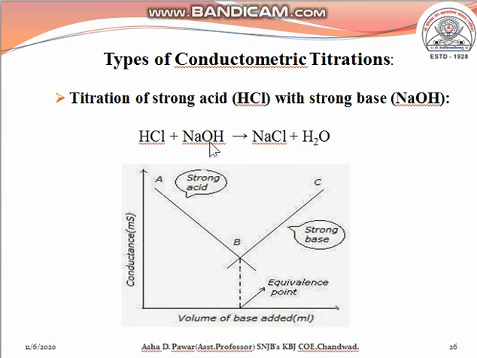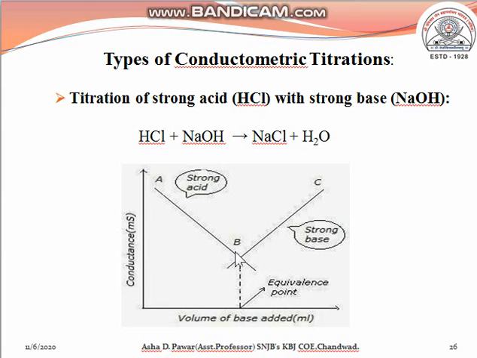As NaOH is added from the burette to HCl, the higher mobility H+ ion is replaced by the lower mobility Na+ ion, and that's why conductance decreases up to the equivalent point. At the equivalent point all the HCl is neutralized into NaCl by the addition of NaOH.